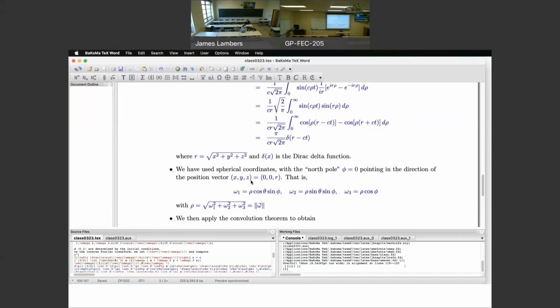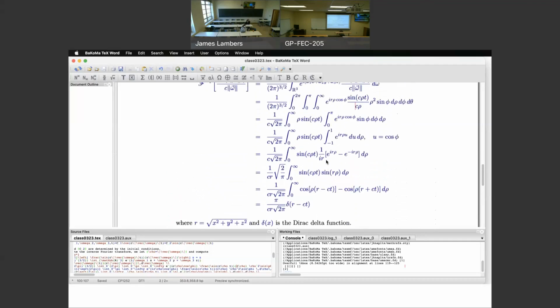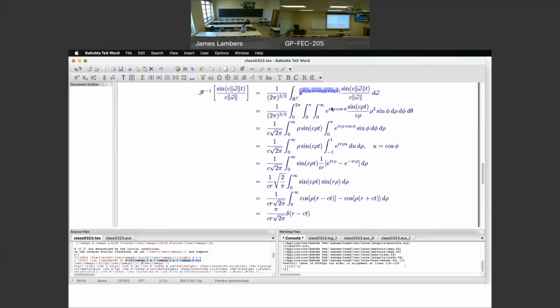So it's a rotated or skewed spherical coordinates. That is a justification for why this simplifies to this. So that non-standard orientation gives me a simpler expression here.